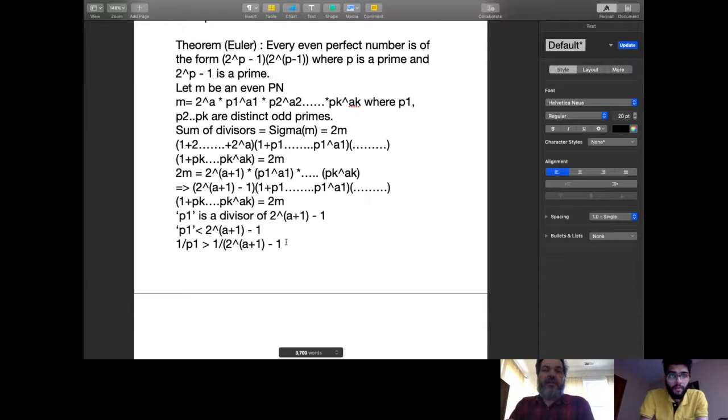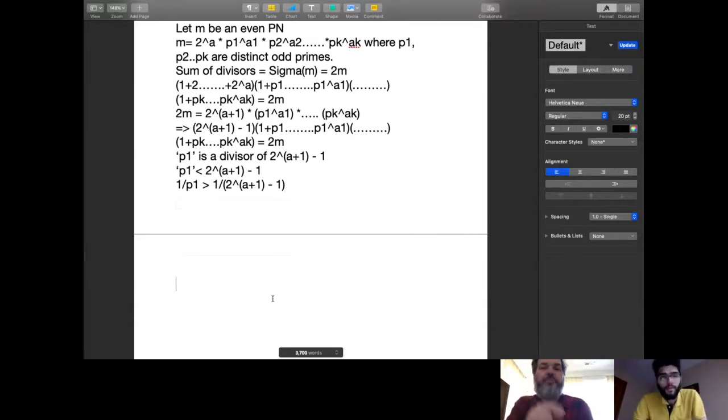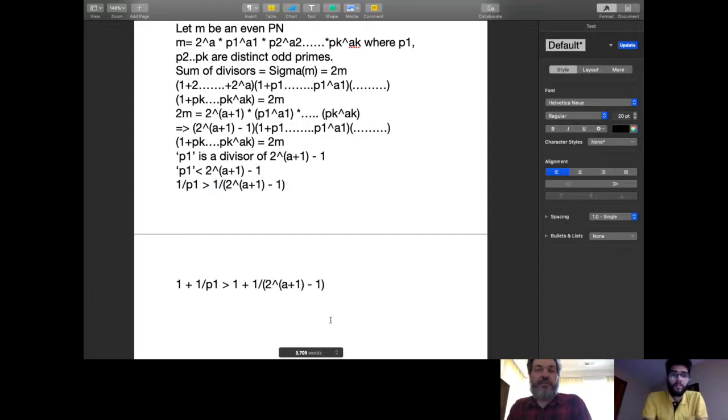Lastly, next line, I add 1 on both sides. 1 plus 1 over P1 is larger than 1 plus the other thing. Yes, but what is now the right side? Can you compute this? Don't do anything, just think about it. It's 1 plus 1 over this, if you write it as a fraction.